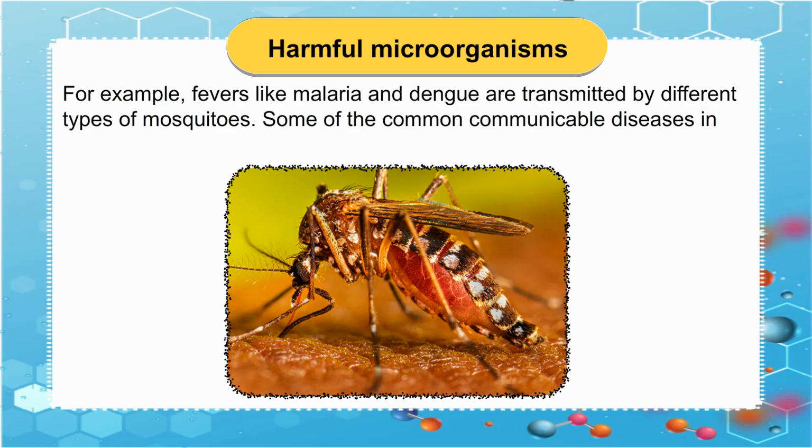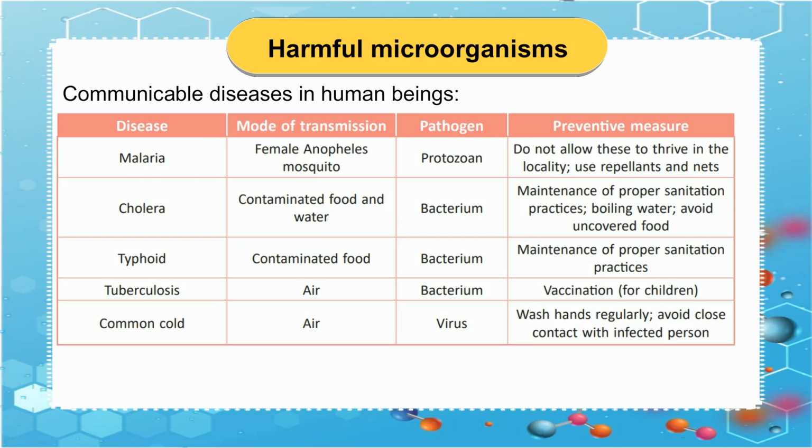Use repellents and nets. Cholera: contaminated food and water, bacterium. Maintenance of proper sanitation practices. Boiling water. Avoid uncovered food. Typhoid: contaminated food, bacterium. Maintenance of proper sanitation practices.